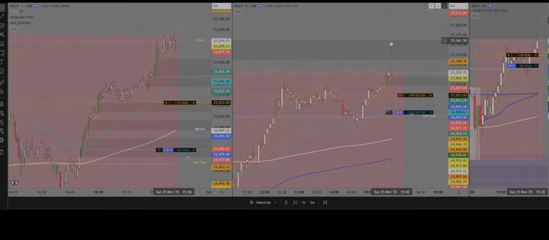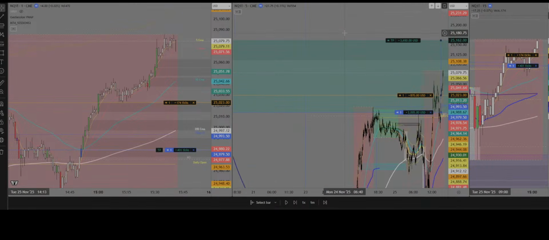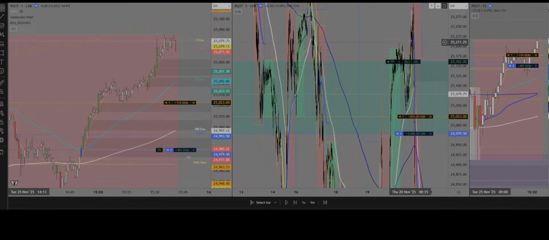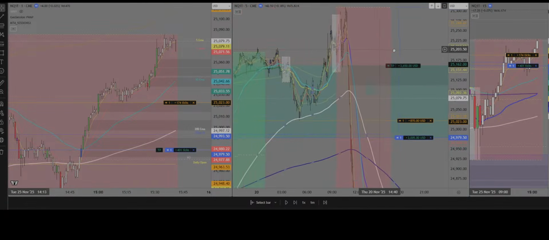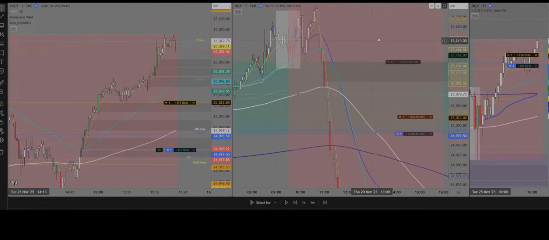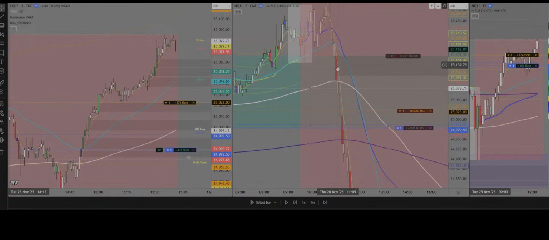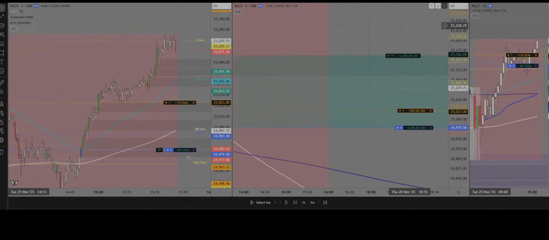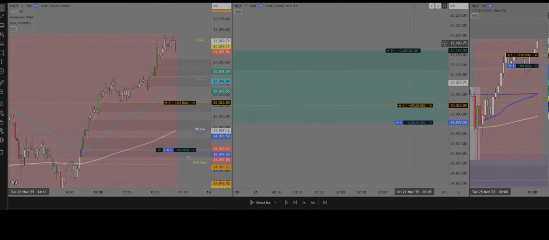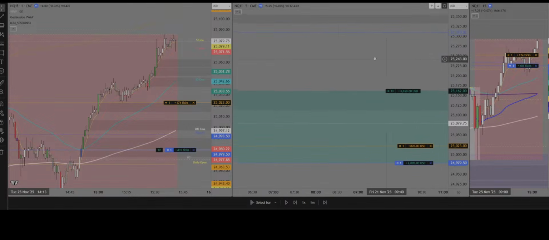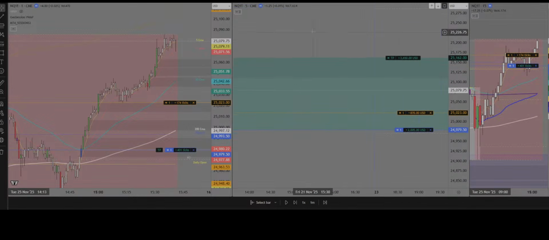We're still holding. There's still this imbalance up here. This imbalance, if we look left, was left here on the 5-minute during New York when they sold off. This red vector leaves imbalances inside of the candle. Okay, let's go back over here.